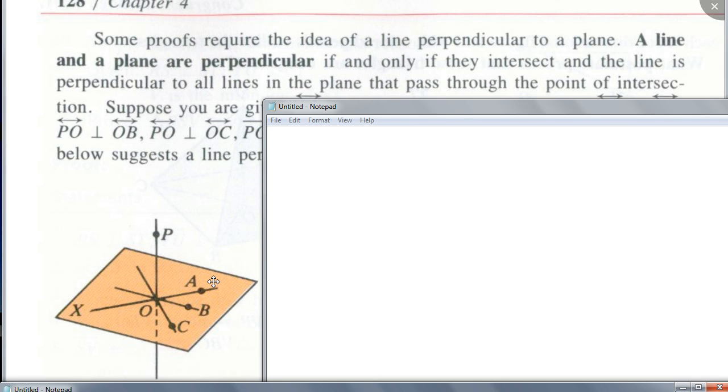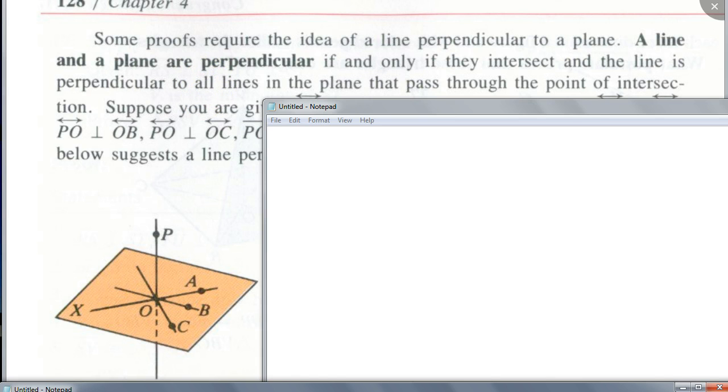No? Do you see what I'm trying to say? Why do they have to say all lines in the plane that pass through the point? Isn't that the same thing? Don't you get this picture if you just say one line? No. Do you understand what I'm asking? Could I replace this all lines with just one line?